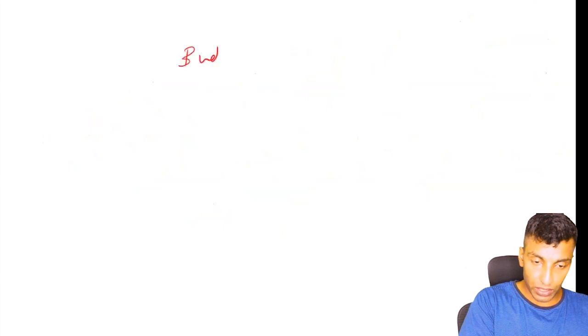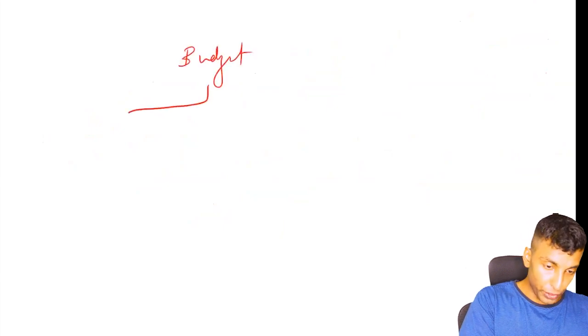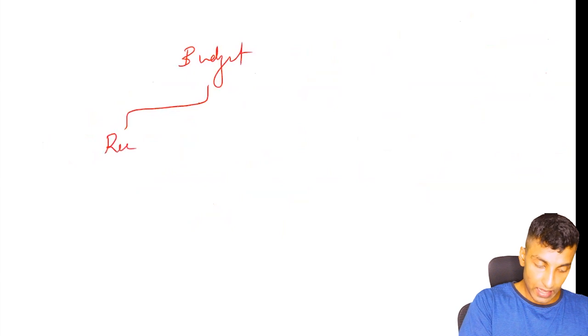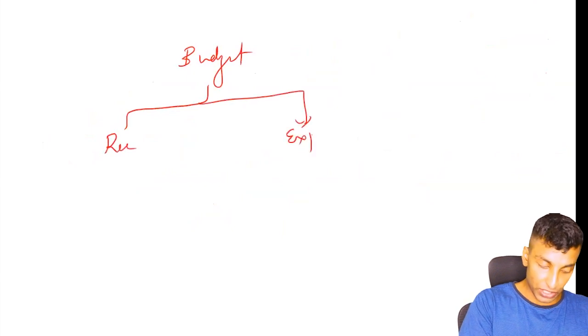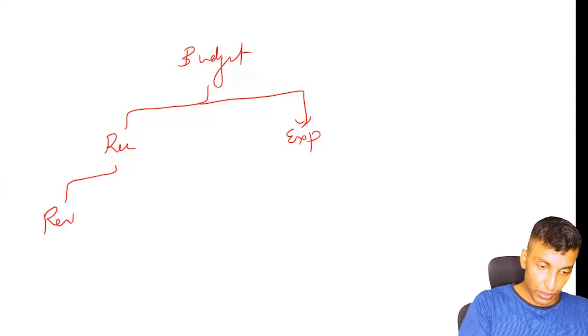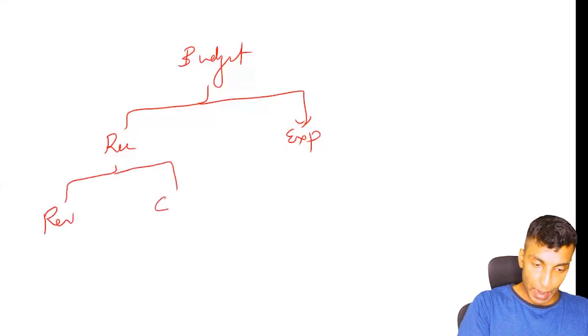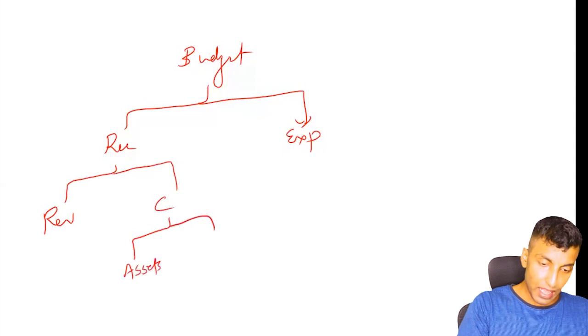When we discussed the budget, I told you, you have receipts and you have expenditure. Receipts are of two types, right? Revenue receipt and also capital receipt. In this we have discussed assets increasing or decreasing, and liability also.